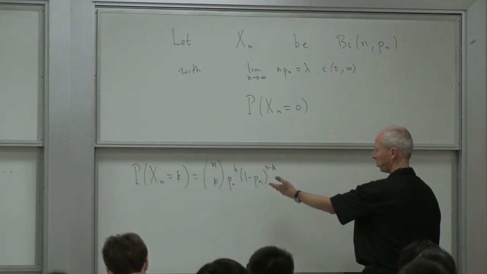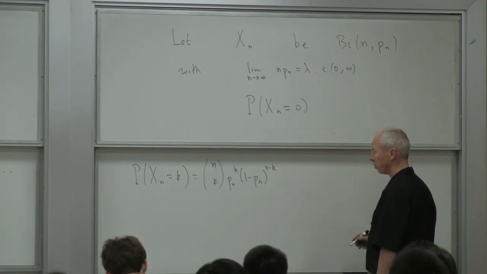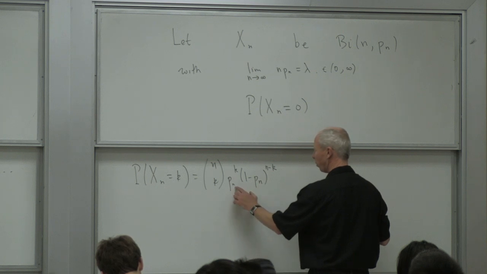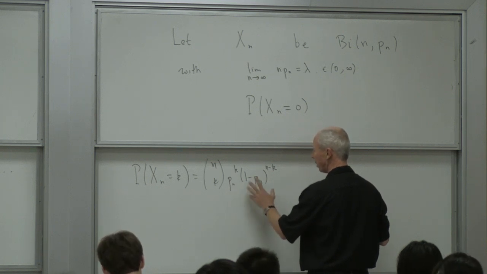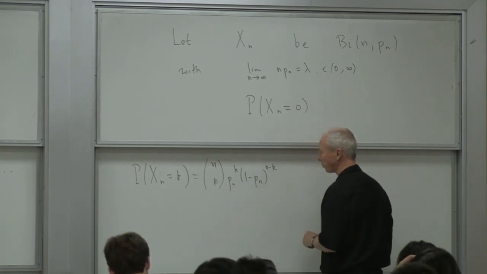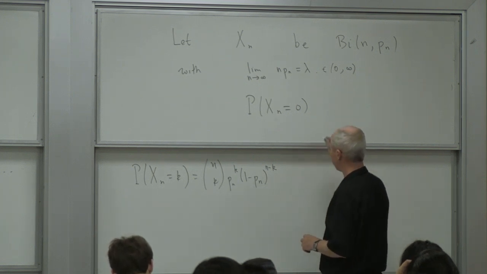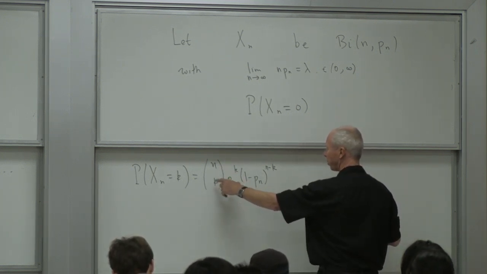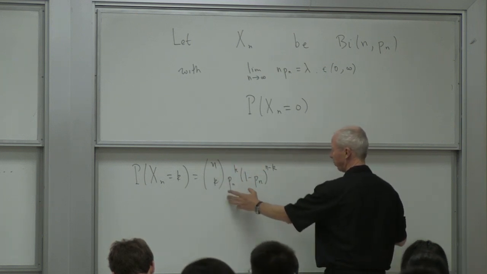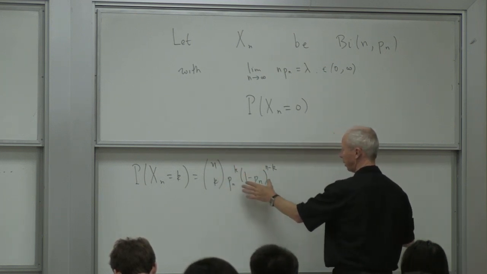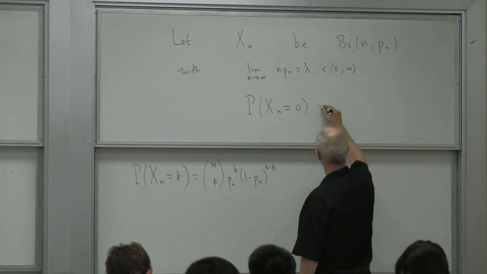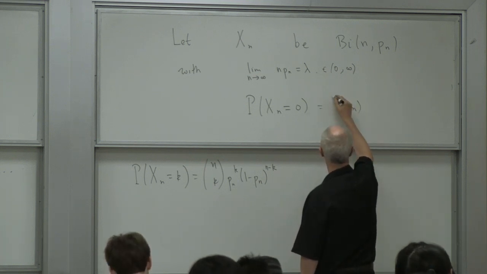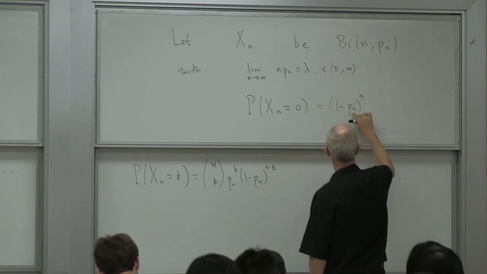Right, that's what we call the binomial random variable with parameters n and p sub n. Before we just had p that didn't depend on n. Now we're going to consider where it does. So the probability Xn is 0 would be what we get when we put k equals 0 here. N choose 0 is 1. Then we get pn to the 0, that's 1. Here we get 1 minus pn to the n.